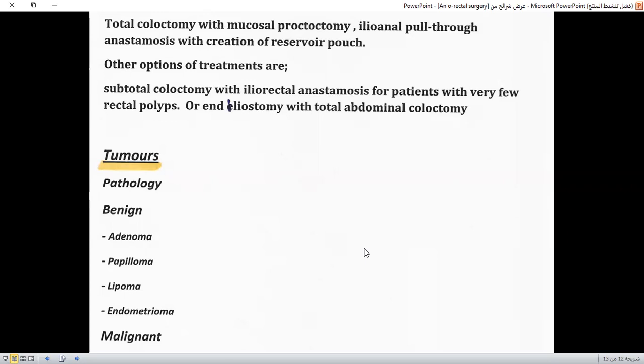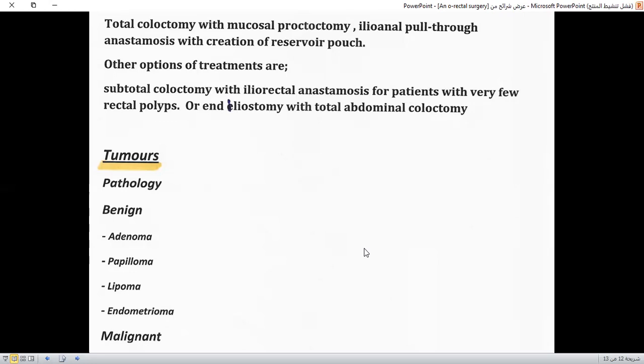Tumors of the rectum. Pathologically, they are either benign or malignant tumors. Benign tumors of the rectum are either adenoma, a good example being villous adenoma of the rectum, or papilloma, which can also occur in the rectum.